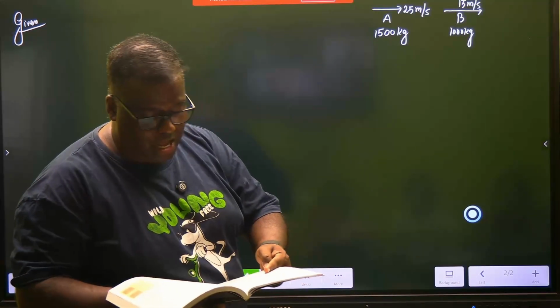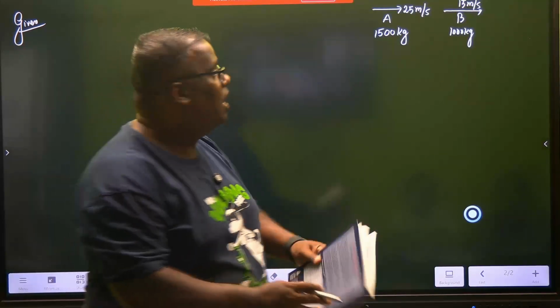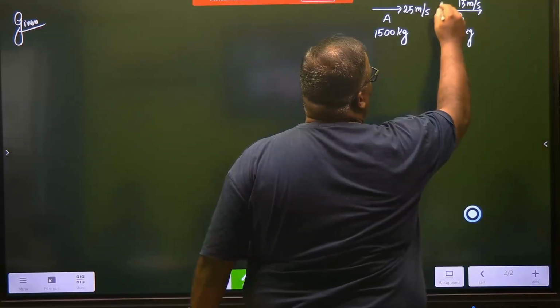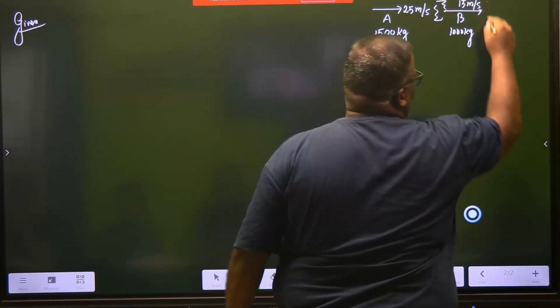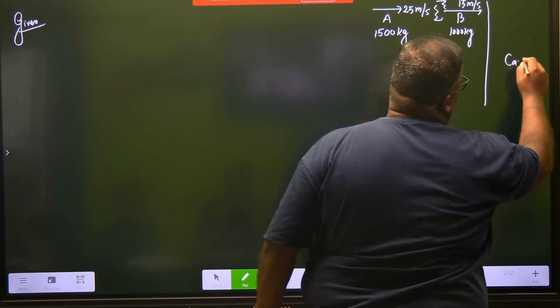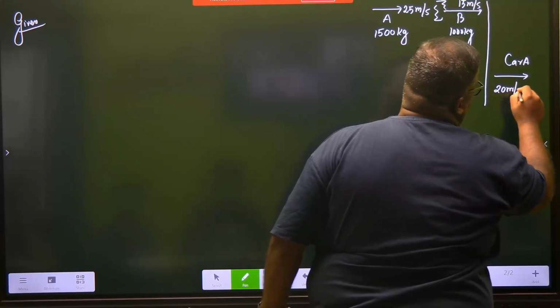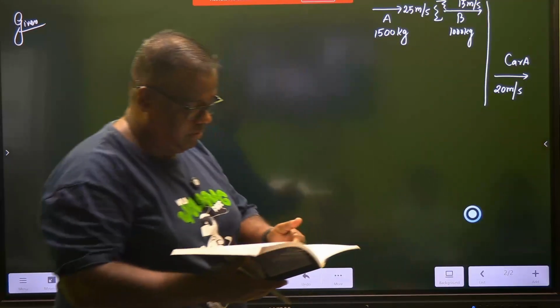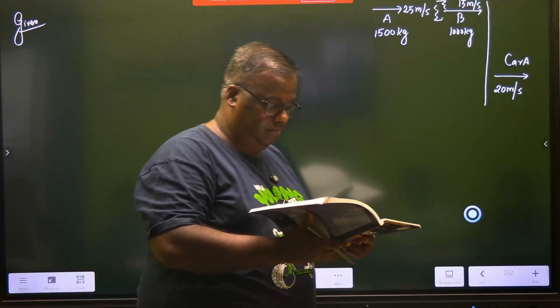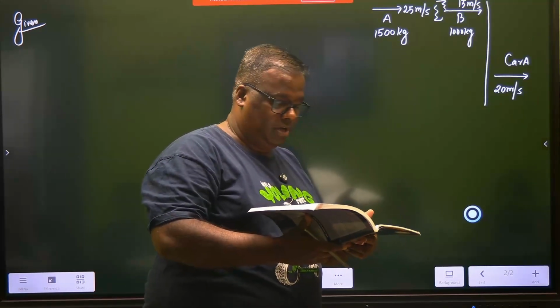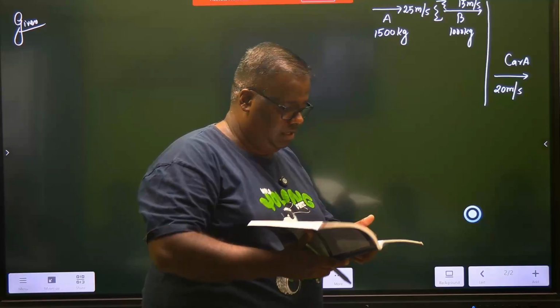Okay. After collision, so there is a collision out here. After collision, car A now travels with a speed of 20 meters per second. Okay. In the same direction, the velocity of car A becomes 20 meters per second.